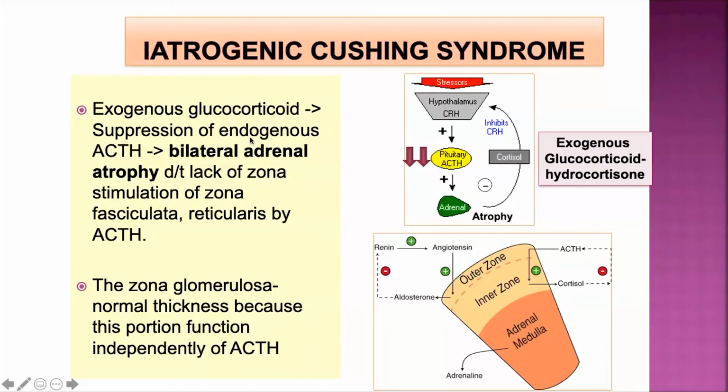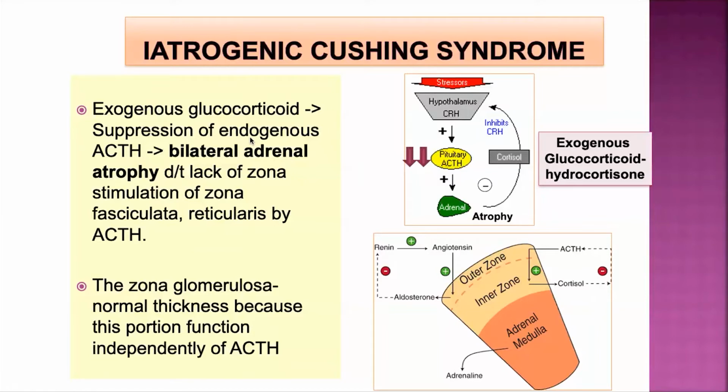The low ACTH causes atrophy of the adrenal glands. Except for the zona glomerulosa, because the zona glomerulosa is not influenced by the ACTH. The two zones that depend on the ACTH are the fasciculata and reticularis.